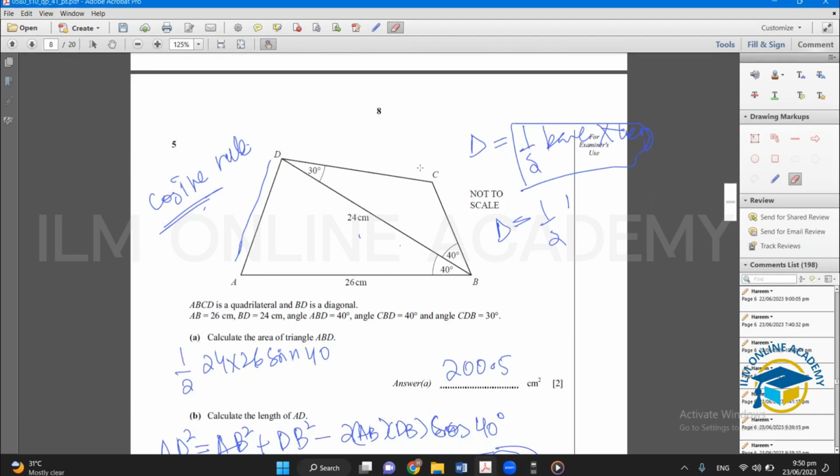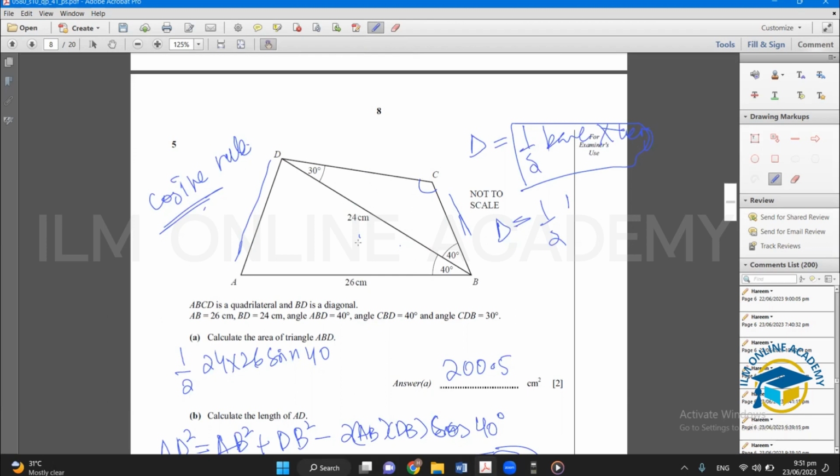Now I can apply the sine rule, if you can remember. I want to find this thing.